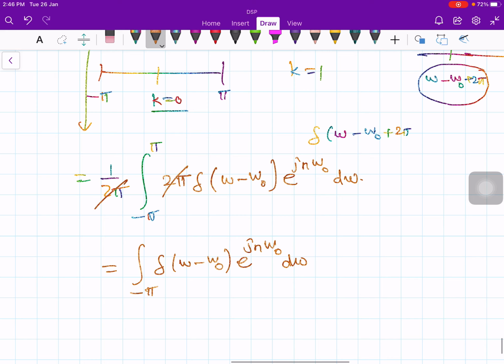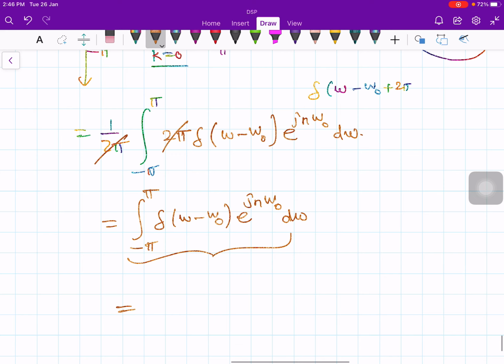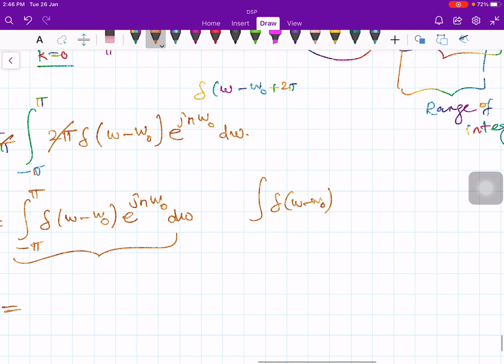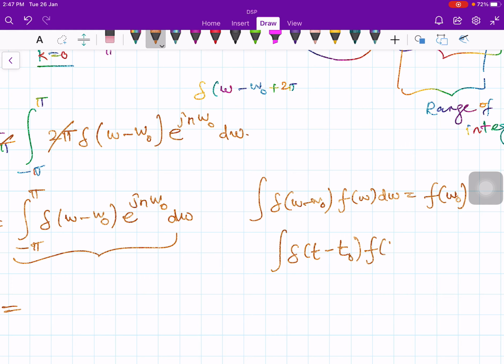This is a standard integral, right? Whenever you have del of omega minus omega naught multiplied by f of omega into d omega, this is equal to f of omega naught. This is a standard result. Similarly, del of t minus t naught f of t times dt is equal to f of t naught.